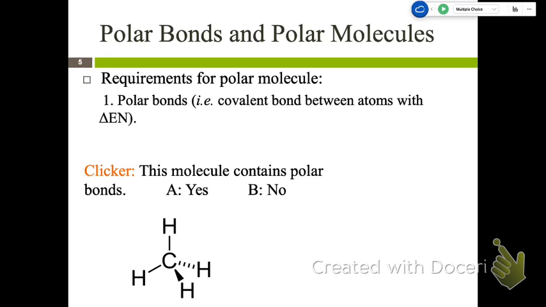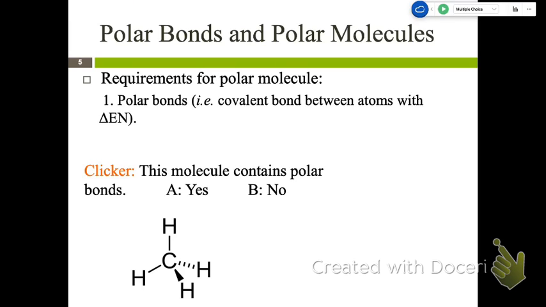What are we looking for? Kaya? The difference in electronegativity between each of the atoms that are bonded around the central atom. Is there a difference in electronegativity between C and H? Yes, but it is in the nonpolar range, so we're going to say pretty much no. Are there any other bonds in the molecule? Okay, so if I asked you, is this a polar molecule, we're done.